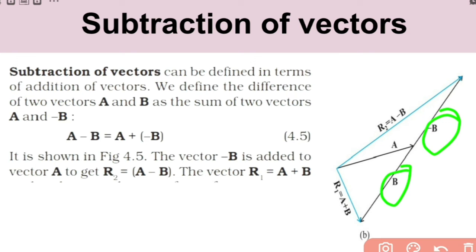Now, on the head of A you have minus vector B. Now just join tail to head, then you will get what? Vector A plus minus B, that is vector A minus vector B. So this shows vector A minus vector B and this shows vector A plus vector B.